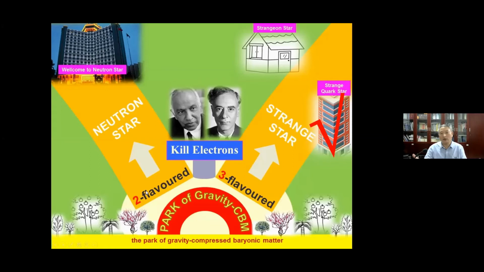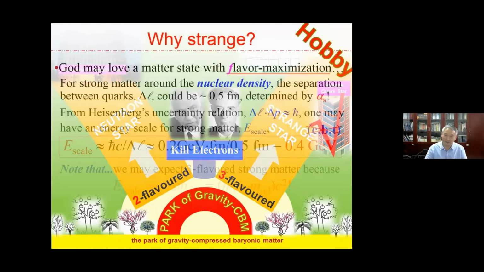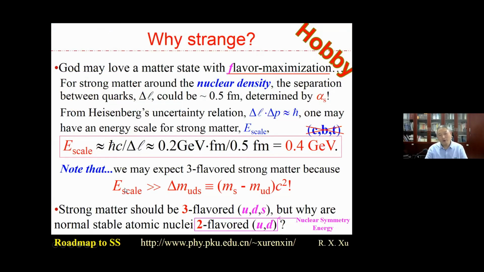But you may ask me, why do you consider only the 3 flavor case, not 6 flavors? I first explain why we focus on 3, although there are 6 flavors of quarks in the standard model of particle physics.